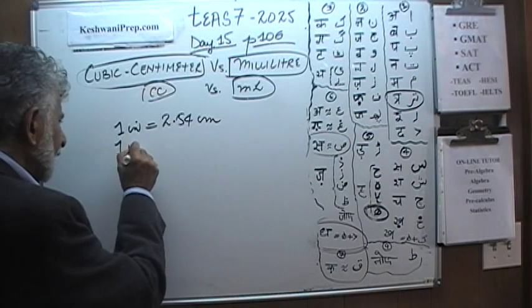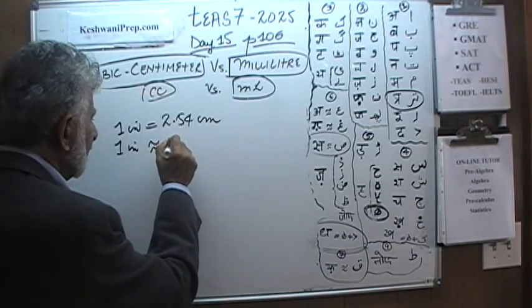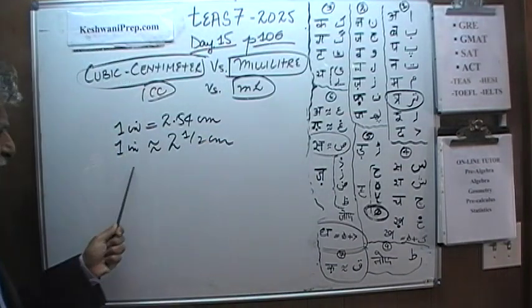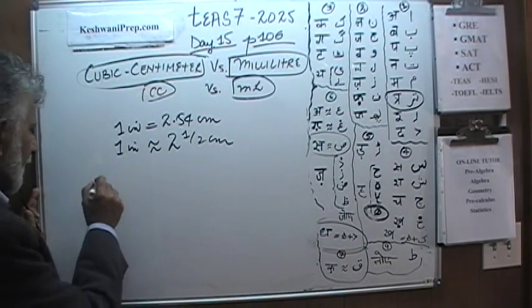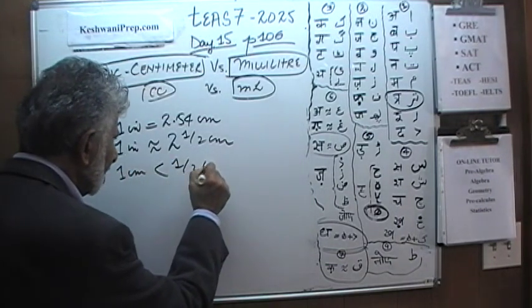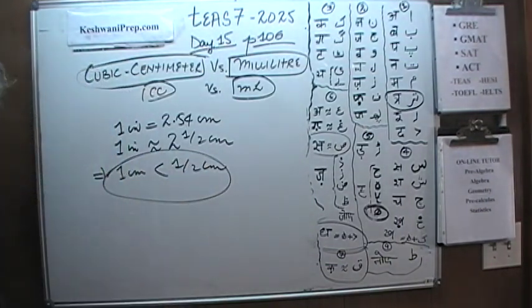So it's okay to say that 1 inch is approximately 2.5 centimeters. That in turn implies that 1 centimeter is less than half an inch.